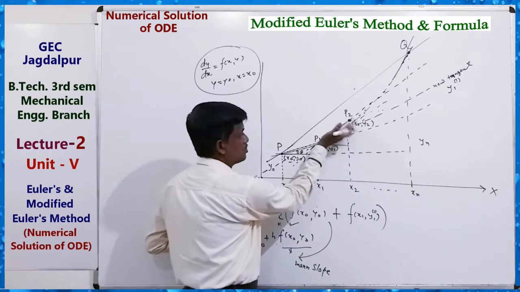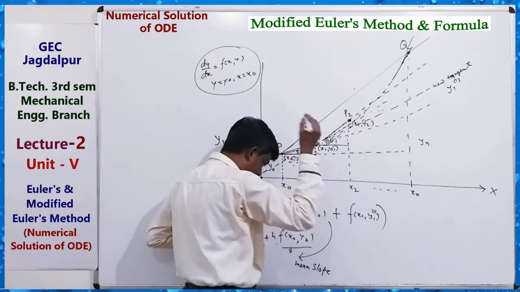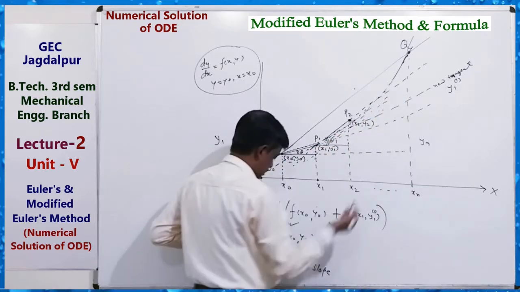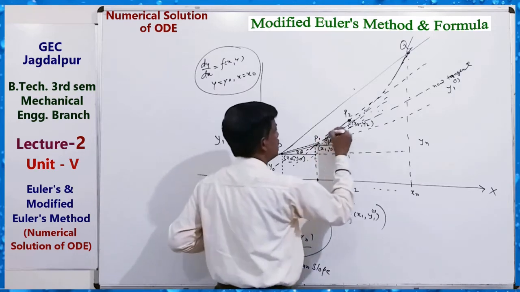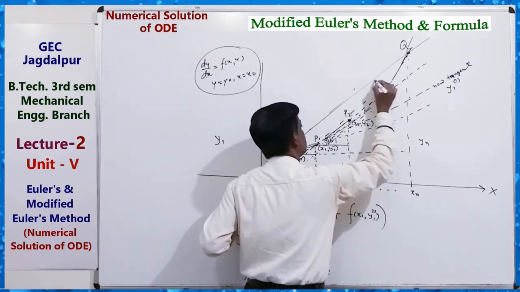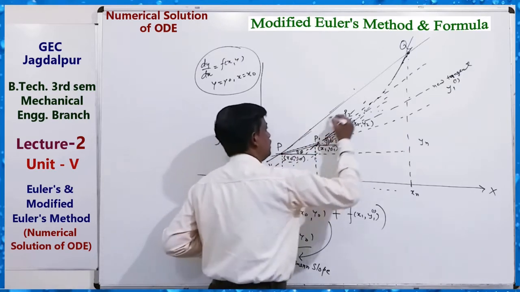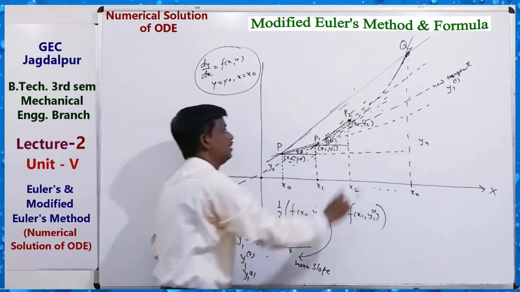That is closed just like this, and once again doing this, and again doing this, finally we can get the line parallel to here, and we can get the approximate value.